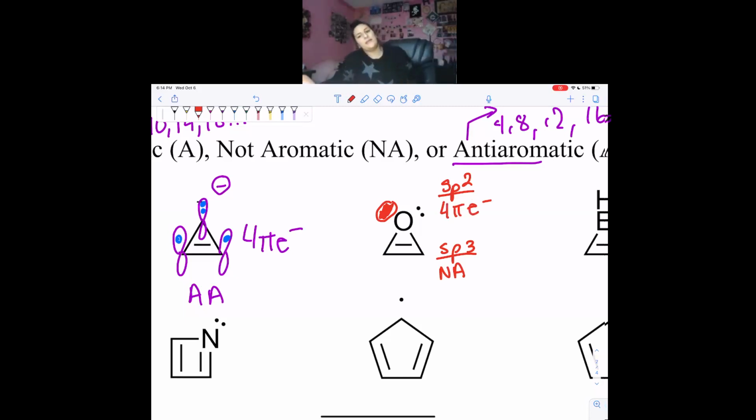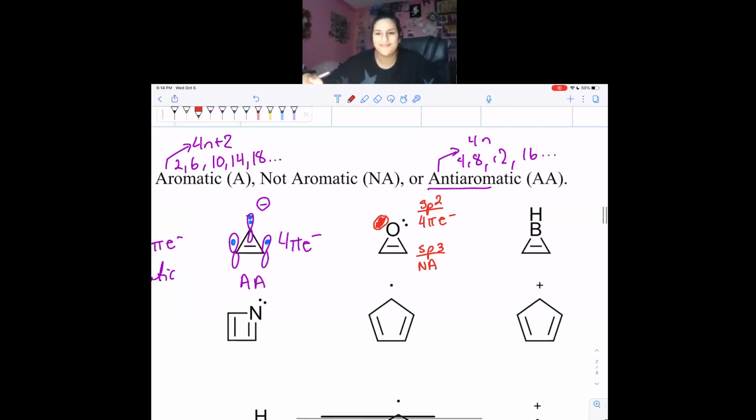Is this going to be aromatic or anti-aromatic if it's 4 pi electrons? Hint, you can look up here. Yeah, exactly. So if we have an sp3, it can never be anti-aromatic.